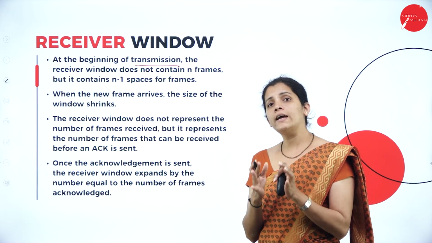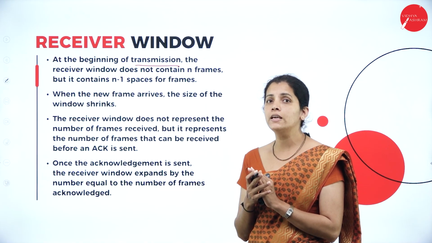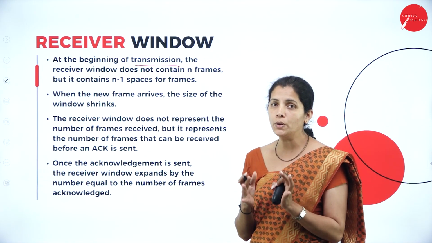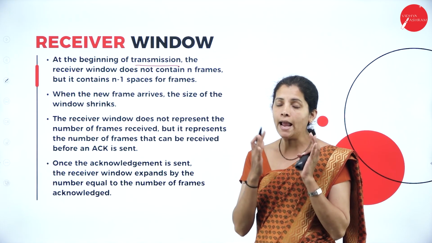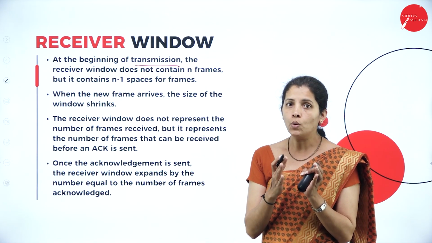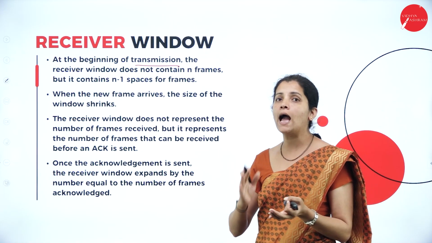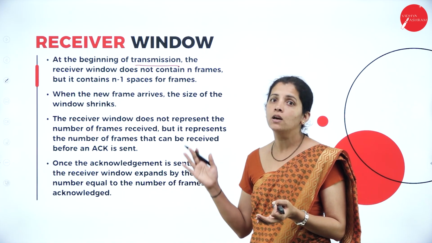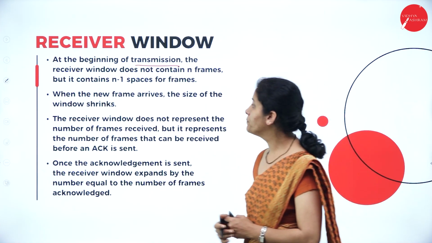Here, both sender and receiver must agree on their buffer size or window size. Suppose if I have n minus 1 window size at the sender side, then I must have n minus 1 window size at my receiver side.